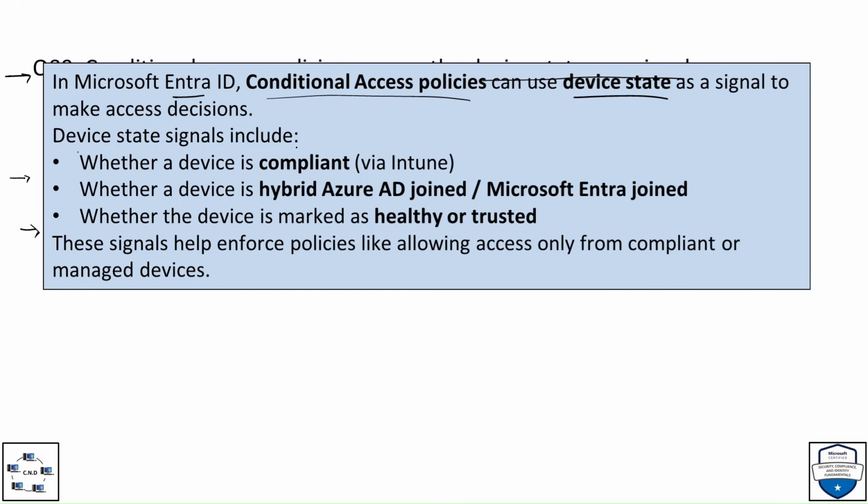Device state signals include whether a device is compliant via Intune, whether a device is hybrid Azure AD joined or Microsoft Entra joined, and whether the device is marked as healthy or trusted. These signals help enforce policies like allowing access only from compliant or managed devices.